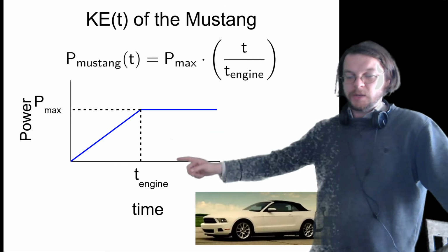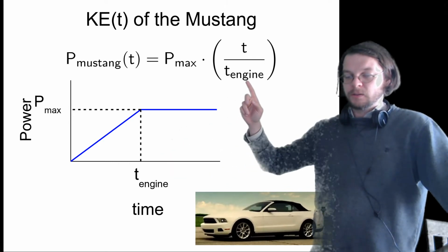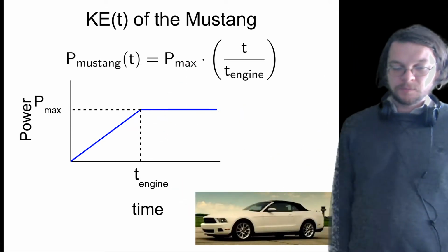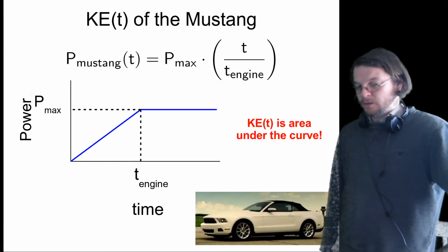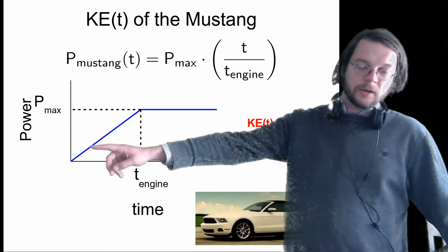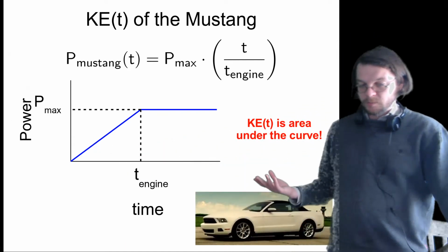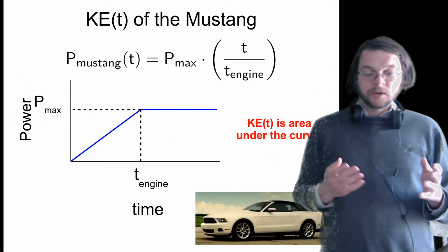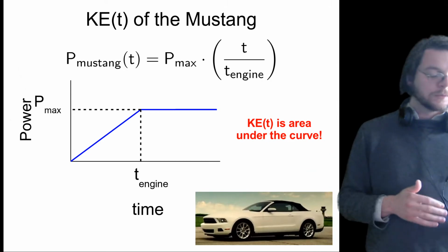So I'm defining this T engine as the number of seconds that it takes for this engine to get up to the full power, essentially. And then there's P max as the maximum power. So the kinetic energy is the area under this curve, which is actually kind of what it was before. So even when the power was flat, technically the kinetic energy was the area under the curve, and as more time goes on, the area under that curve gets larger.